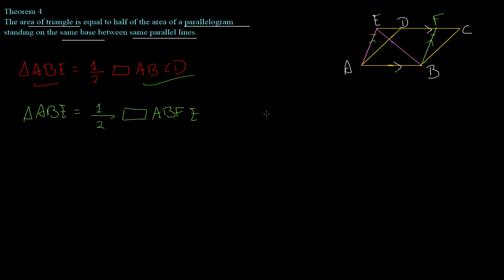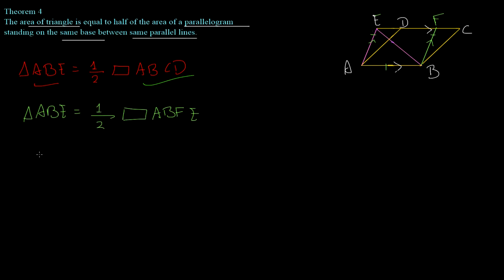Now, from the theorem, parallelograms standing on the same base AB between the same parallel lines AB and CE are equal in area.